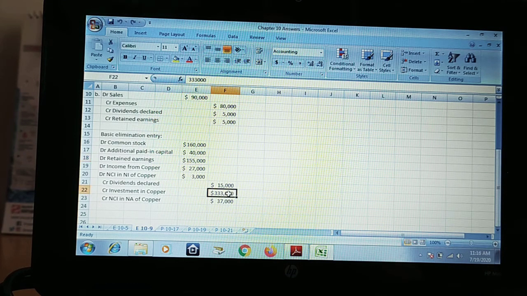Times 90%, and you get 333,000, or you can simply use a book value calculation to get this number. Then credit NCI and A of Copper, which is 10% of the common stock plus additional paid-in capital plus ending retained earnings. You will get 37,000.